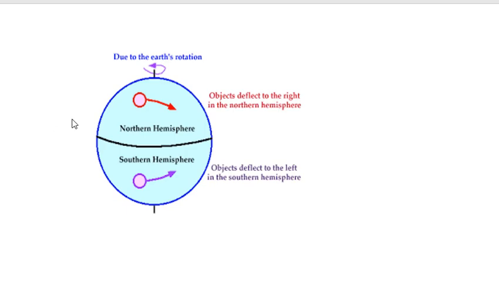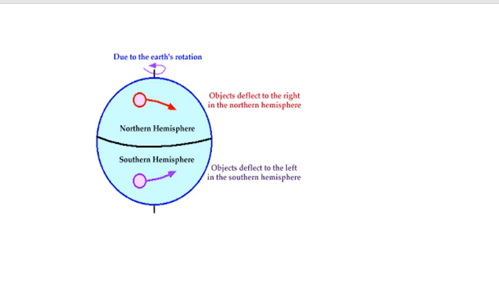Now, the second is Coriolis force. Coriolis force is a kind of frictionless force which deflects objects according to the Earth's rotation. In the northern hemisphere, objects deflect towards the right, and in the southern hemisphere, towards the left.